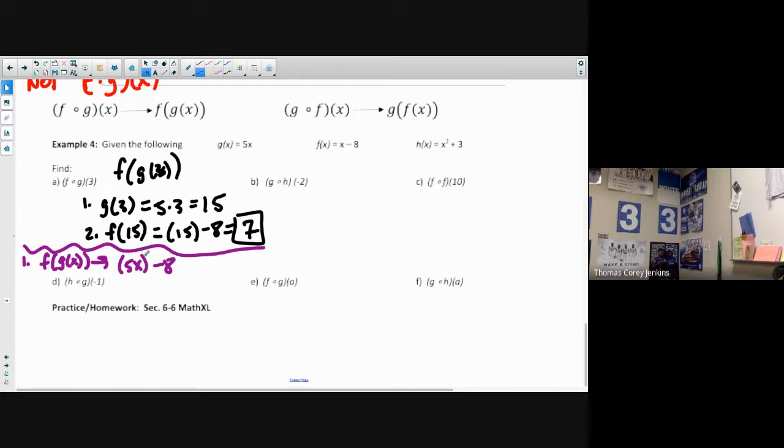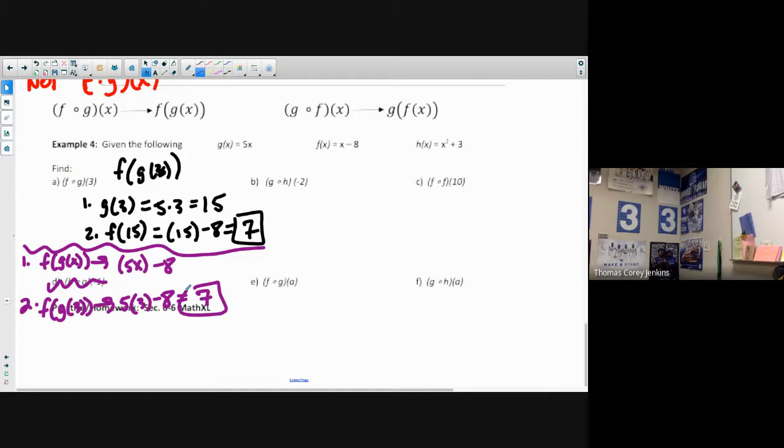And then step 2: now we can find f of g of 3, which would be, here's our rule for f of g of x, and now sub in 3. So it'd be 5 times 3, take away 8. 15 minus 8 gives me 7. Whichever one of those two makes the most sense, I would stick with that one. Okay.